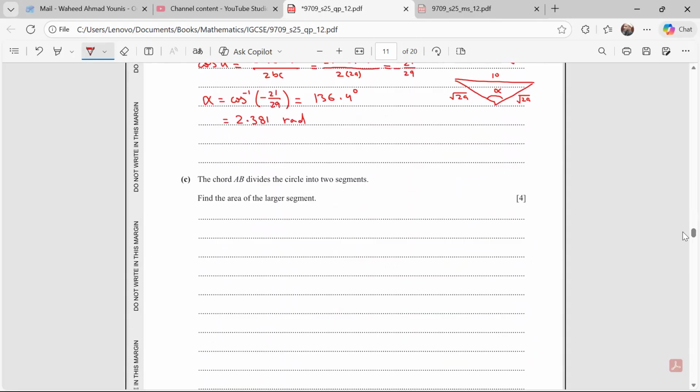Now, the larger segment. We just calculated that the area of the smaller segment is 24.5245. Now, the area of the circle is pi r square, and in our case r square is 29, so 29 pi.